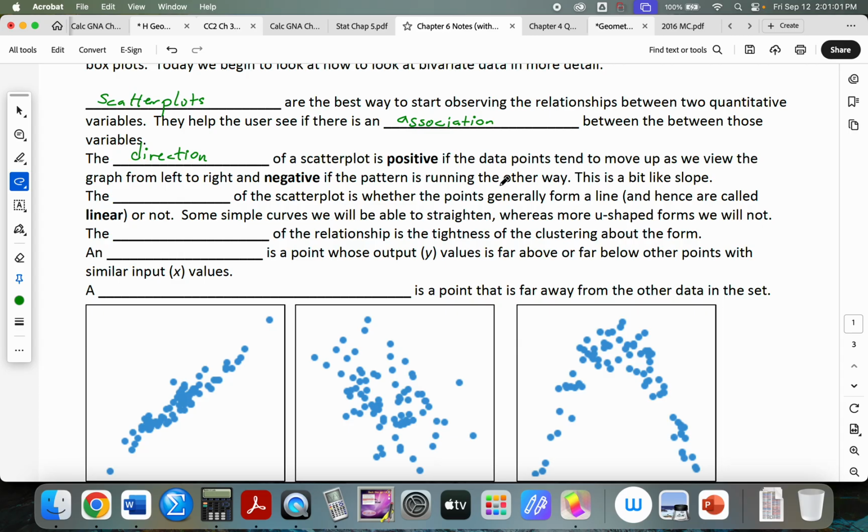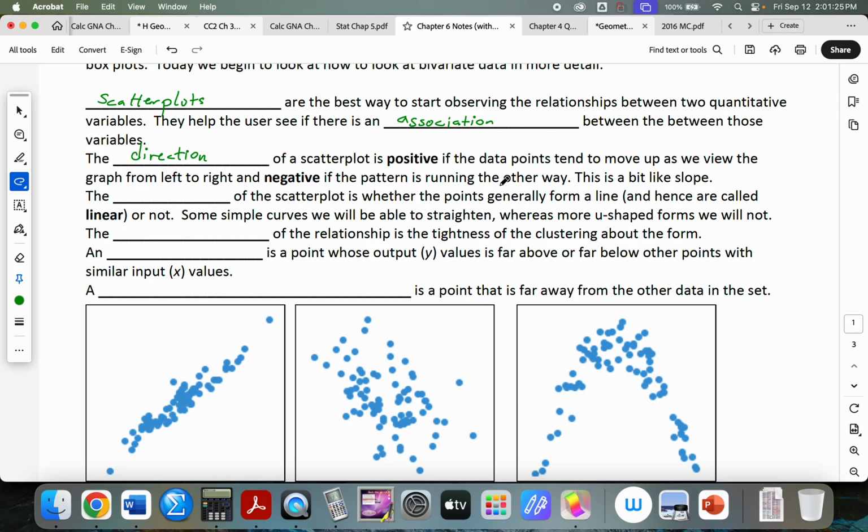Case in point, calorie consumption, weight gain. More calorie consumption typically gives you more weight gain. It's not 100%, but you get the idea. There are other ones that are inversely related, or it's a negative direction.